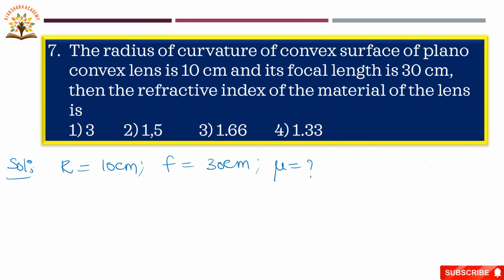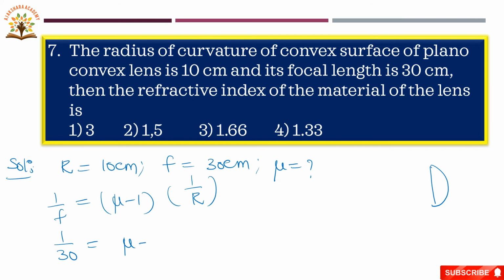Now this is a plano convex lens. So 1 by f is equal to (mu minus 1) into 1 by r. Now substituting, 1 by 30 is equal to (mu minus 1) into 1 by 10. Here 10 goes into 30 three times.